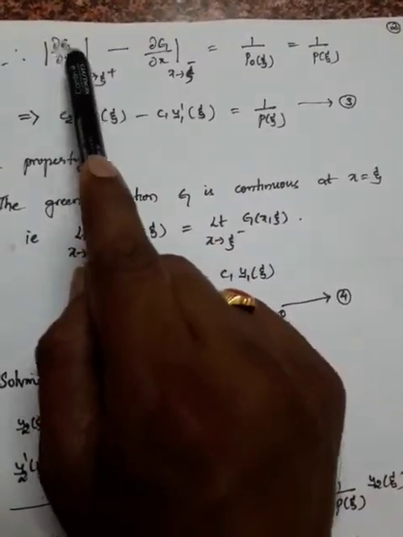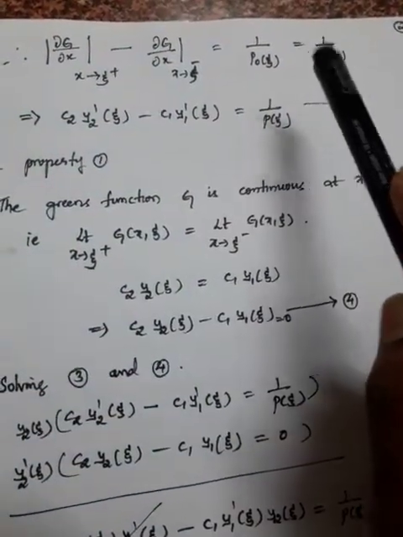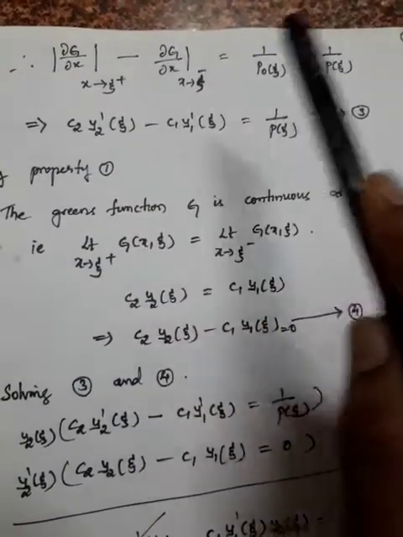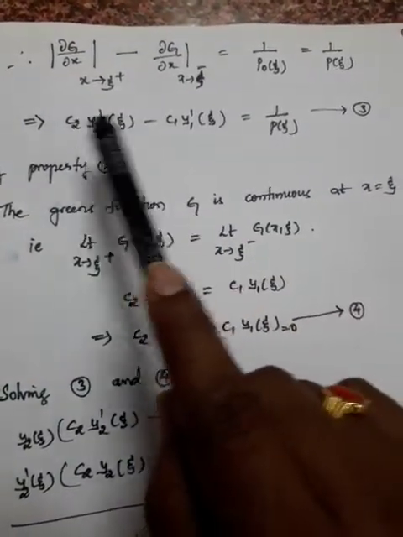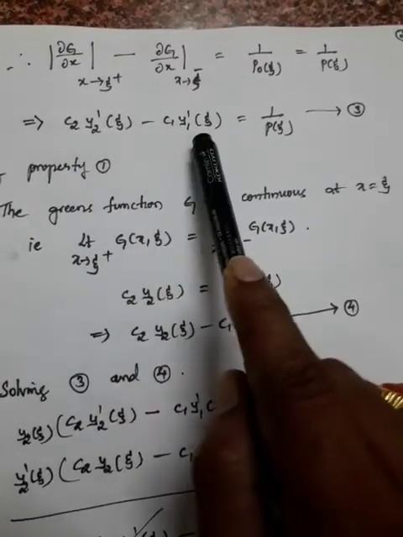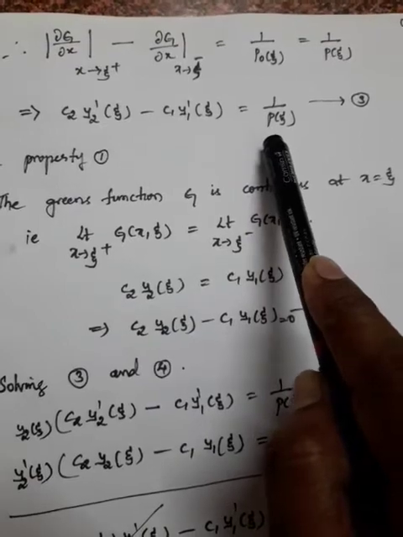G is nothing but what we took previously, c1 y1 of x and c2 y2 of x, similarly at x equal to ξ. So these two conditions we take as 1 by p naught of ξ because of the jump discontinuity.